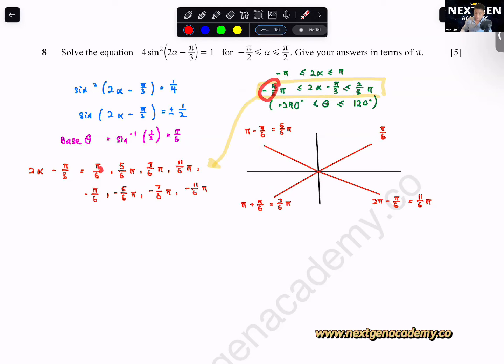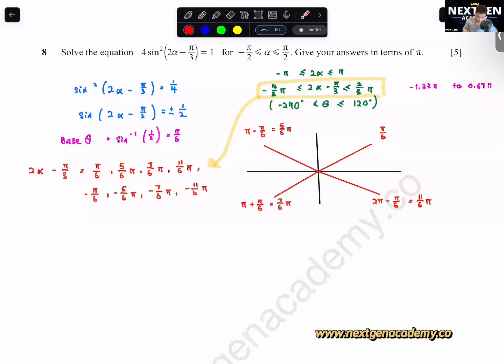All got pi, right? So you just change this to decimal. Negative 4 over 3 will be negative 1.33 pi, to 2 over 3, 0.67 pi. Okay, so you check for each of these values.